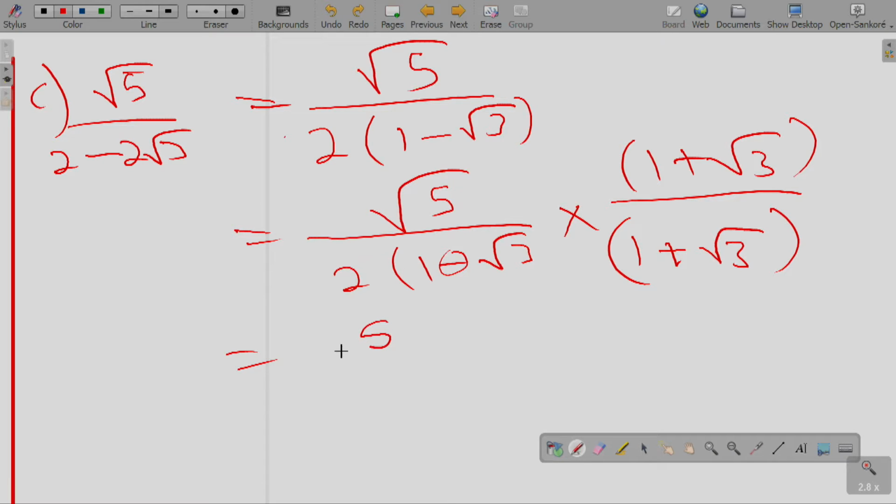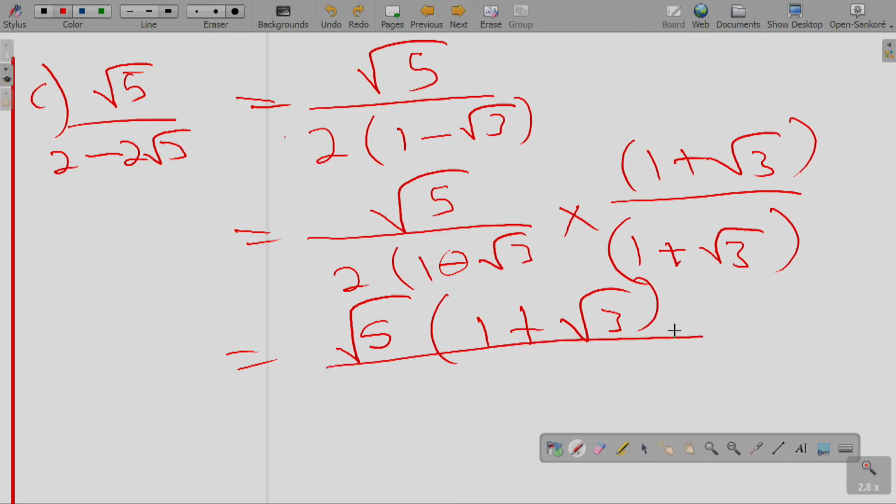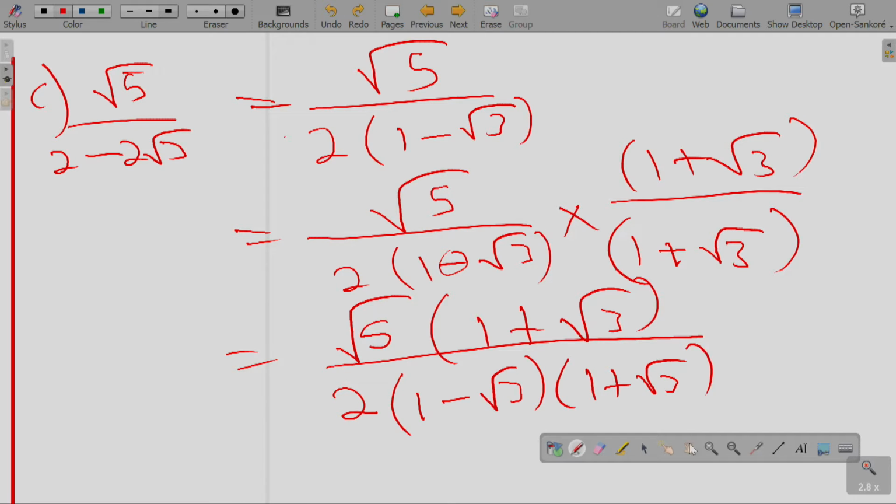So here we get square root of 5 times 1 plus square root of 3 over 2 times 1 minus square root of 3 times 1 plus square root of 3.